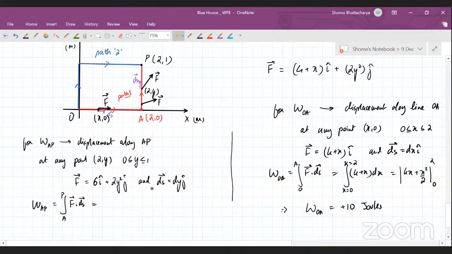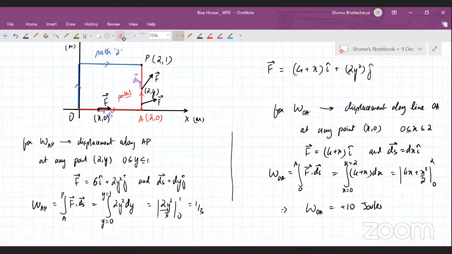so now we can see the dot product of this force and this displacement will give us integration of 2y square dy, product of the y components, from A where the y coordinate is 0 to P where the y coordinate is 1. Okay. So this becomes 2y cube by 3 from 0 to 1. So that is 1 by 3, sorry, 2 by 3 joules.